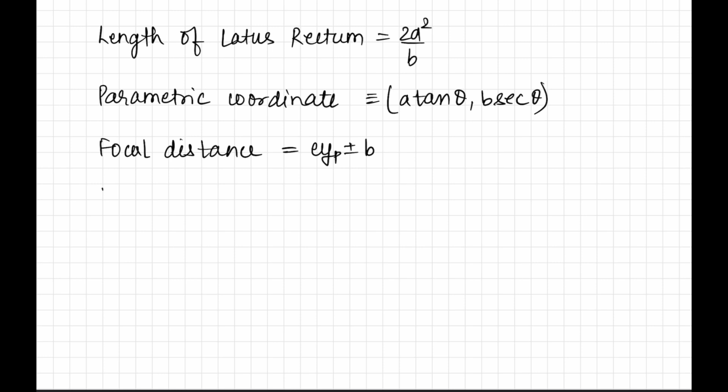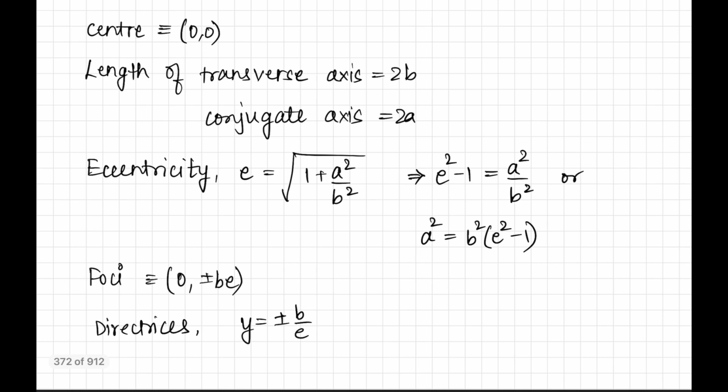Then we can also write that the difference of focal distances is equal to 2b. So that is all that we have related to conjugate hyperbola.